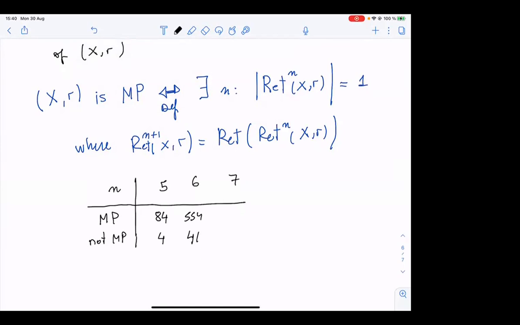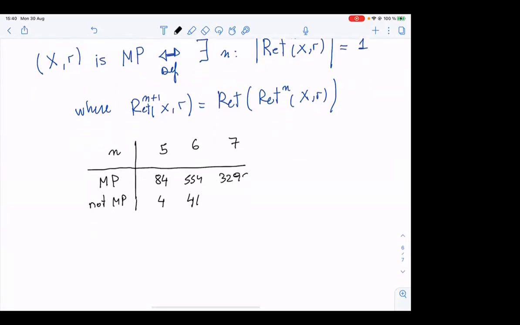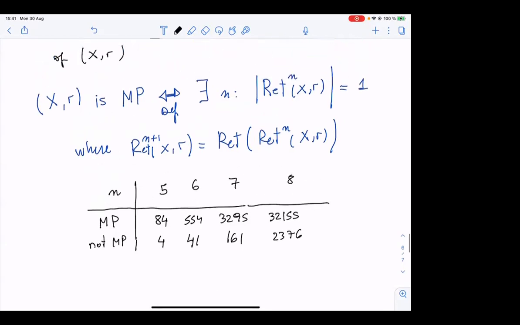If you put 7, you get this, and then this. If you put 8, you get this. I can write more, but this should be enough to convince you that almost all solutions are multi-permutation solutions. It would be nice to understand how to characterize this property of being a multi-permutation solution.